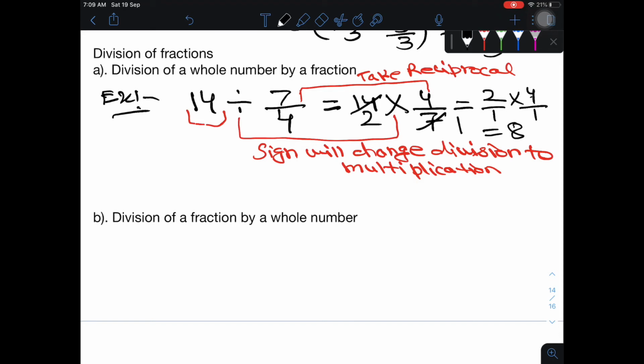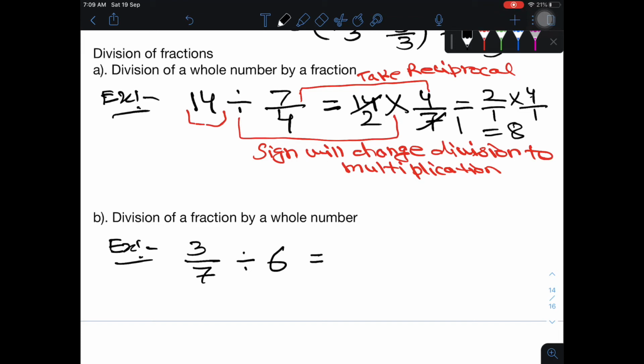Now we are going to understand division of a fraction by a whole number. How will you do it? Let us take an example to understand this. 3 by 7 is a fraction and you want to divide it by a whole number, which is 6. Again, what do we do?